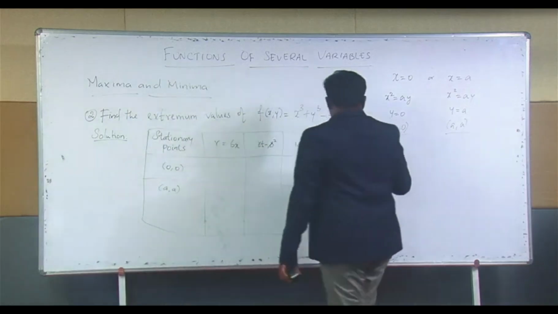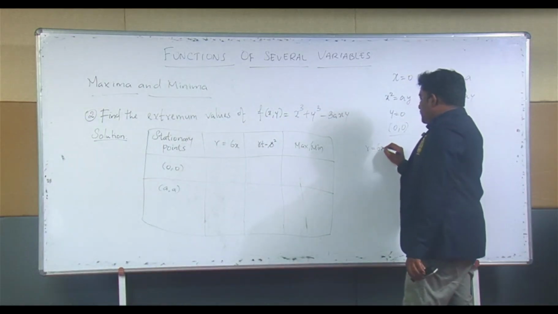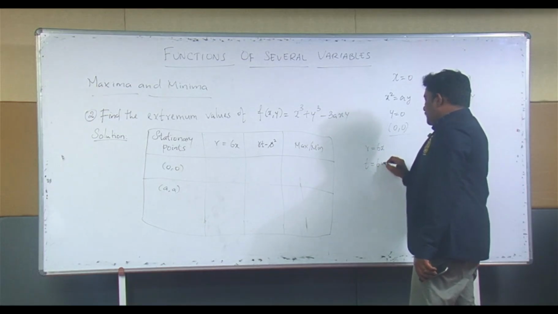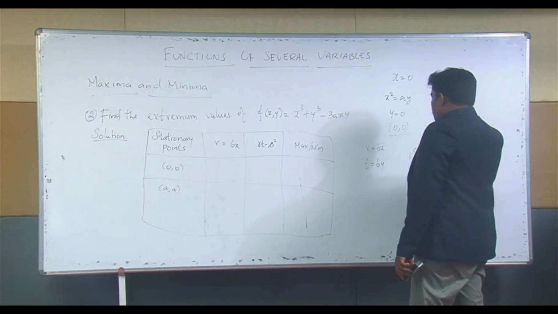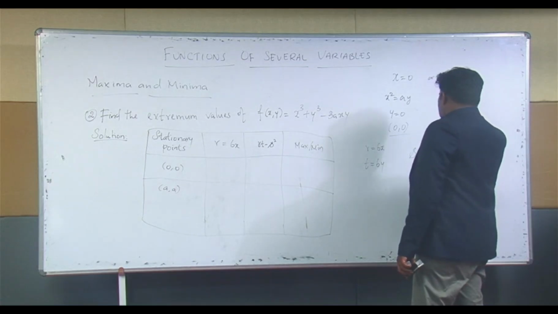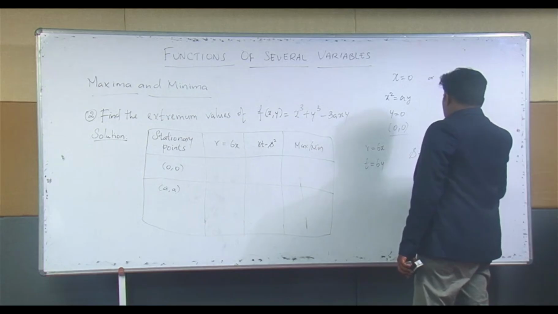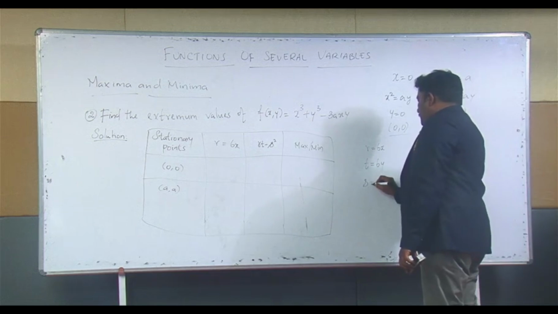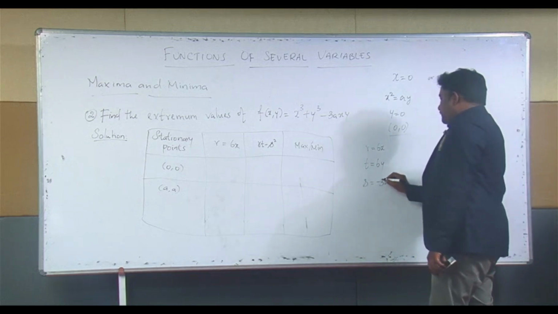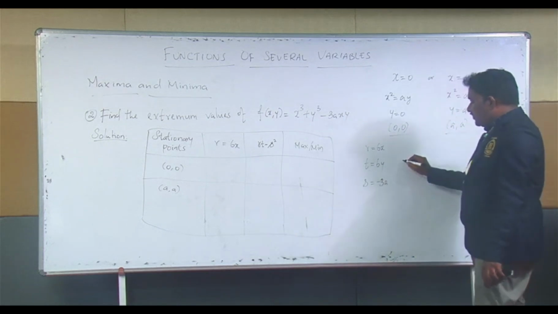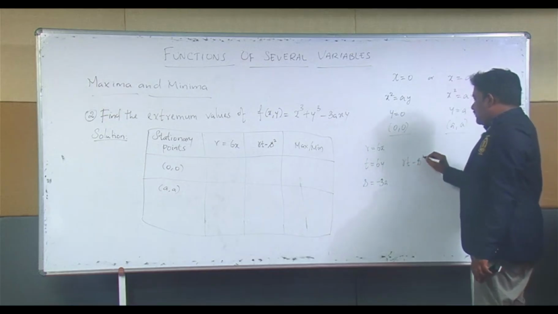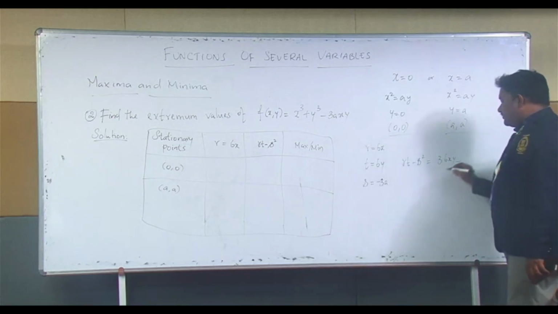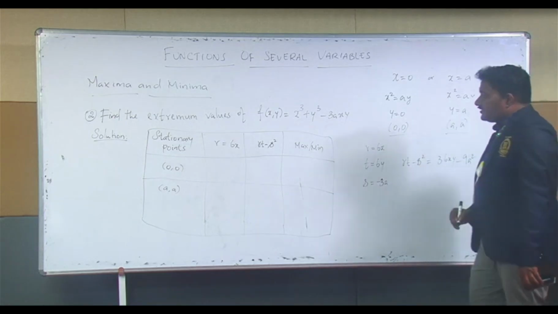Already we know that R value is 6x, T value is 6y, and S value is minus 3a. If you find RT minus S square, it will become 36xy minus the square of this, which is 9a square.